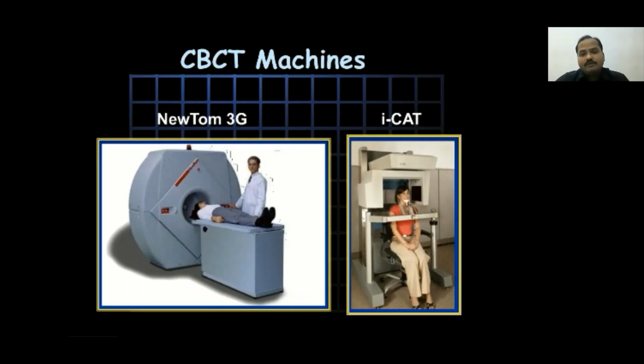But with the advent of technology and reduction in space, the CBCT scanners were made similar to the OPG machines. So there was no need for the patient to be in supine position. The patient can sit or stand in the machine, and then the scanning can be done for the structures in the orofacial region.